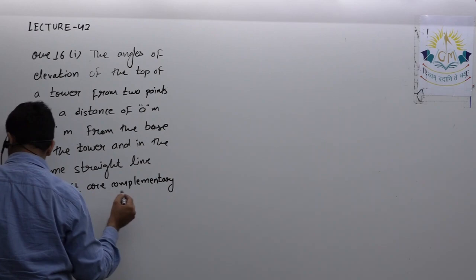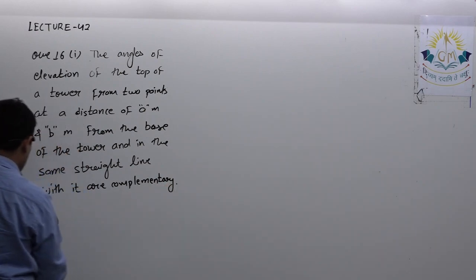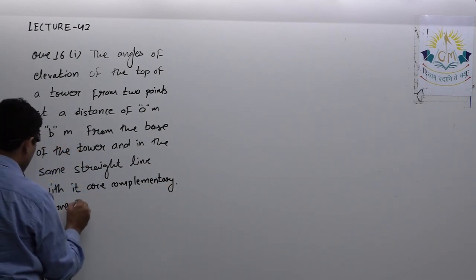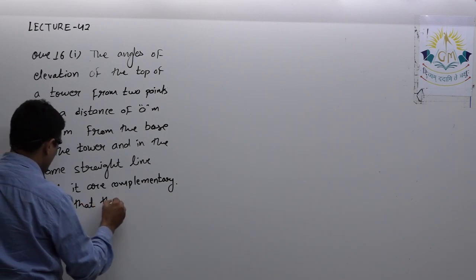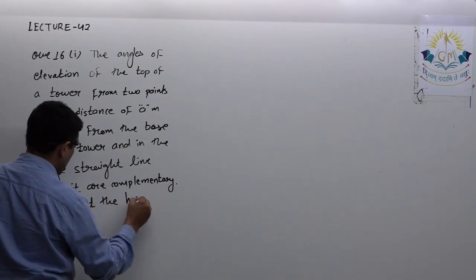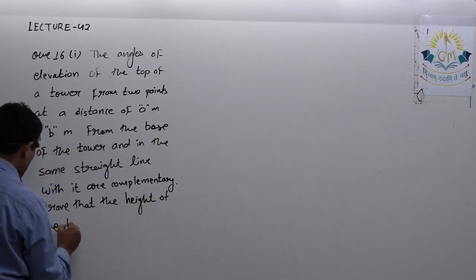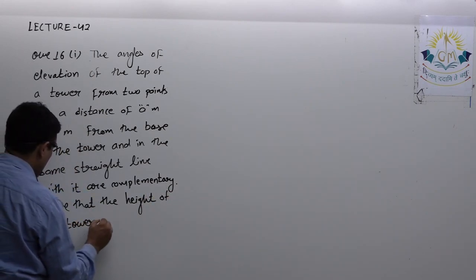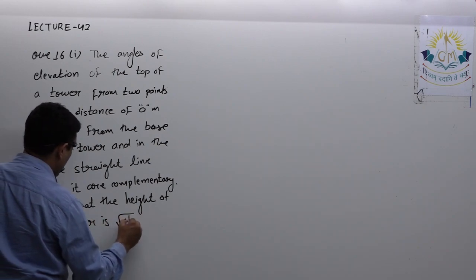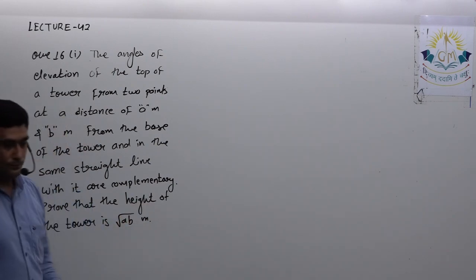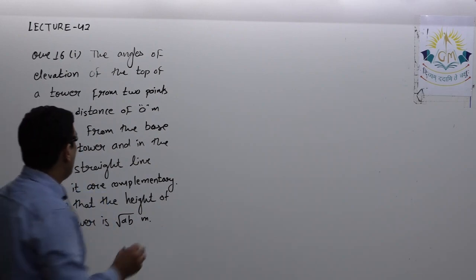Prove that the height of the tower is root AB meters. Okay, that we have to prove.